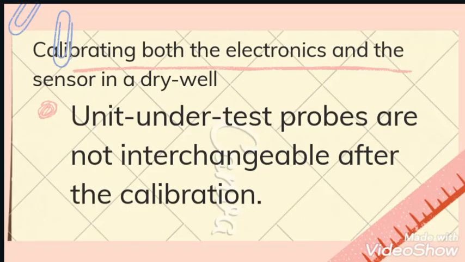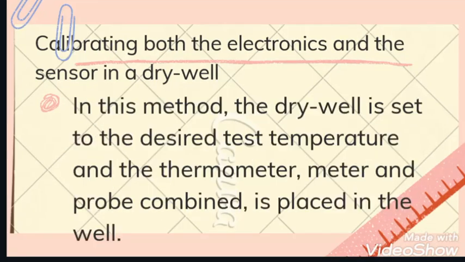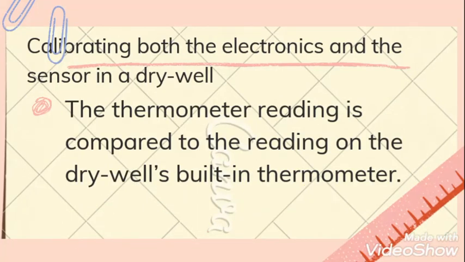The second method is to calibrate the electronics and the sensor in a dry well. In this method, the unit under test probes are not interchangeable after the calibration. After the calibration, we have to use that sensor and that transmitter. In this method, the dry well is set to the desired test temperature, and the thermometer, which is our sensor, meter and probe combined, is placed in the well.